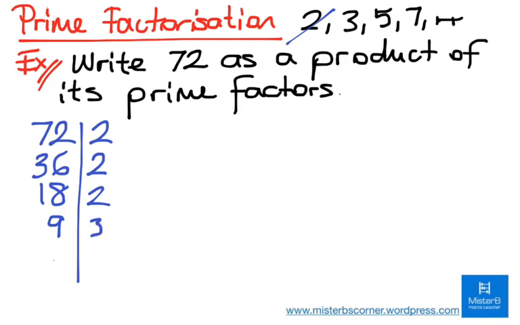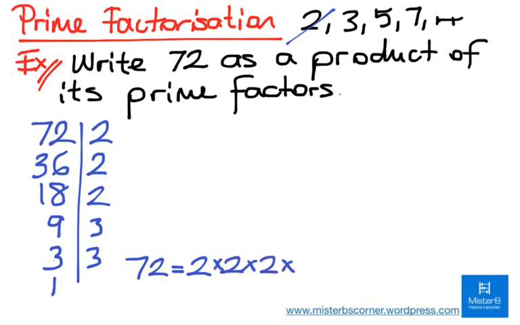So 9 divided by 3 is 3, and 3 divided by 3 is 1. I reached 1, so I'm done. So I'm going to write the product of prime numbers of 72 like this. 2 times 2 times 2 times 3 times 3.